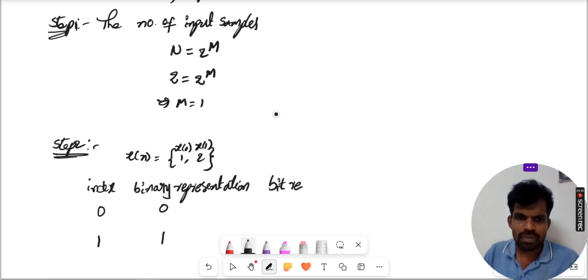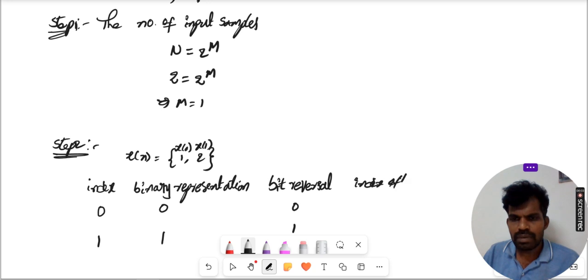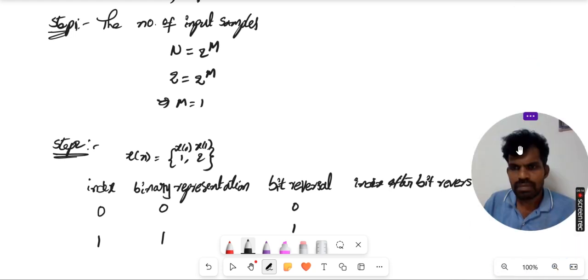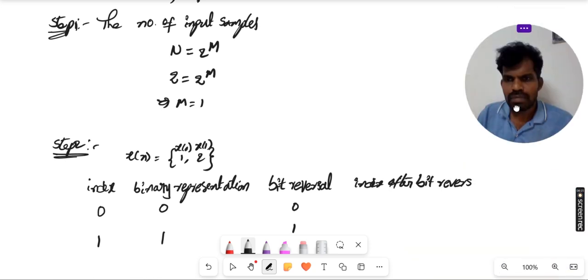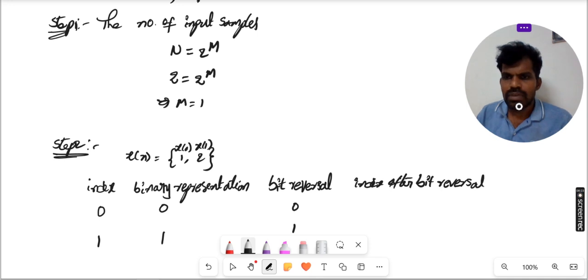Because there is only one binary digit. For one binary digit, the bit reversal is the same. After bit reversal, the index after bit reversal is again 0 and 1.